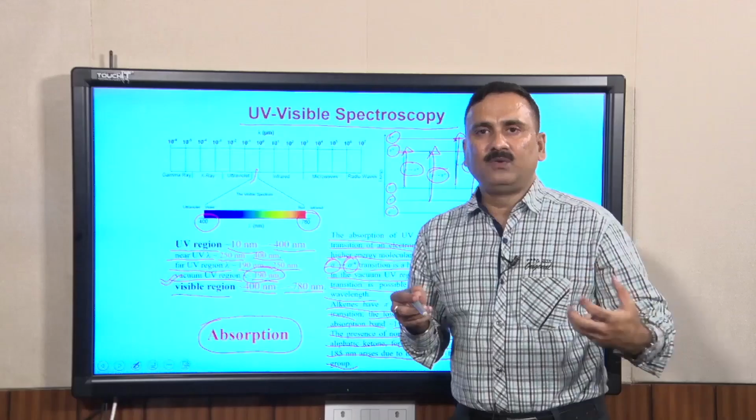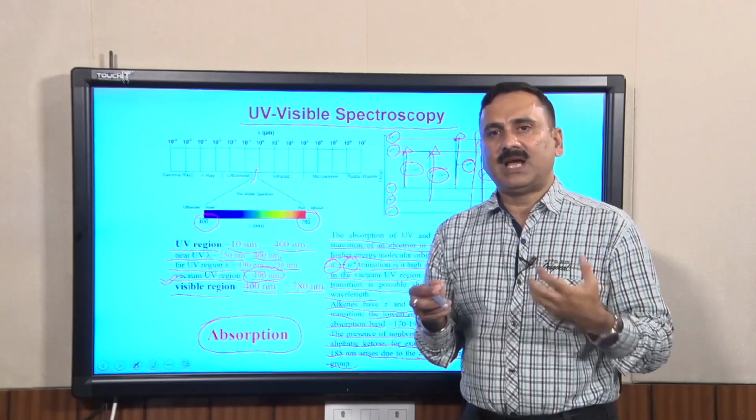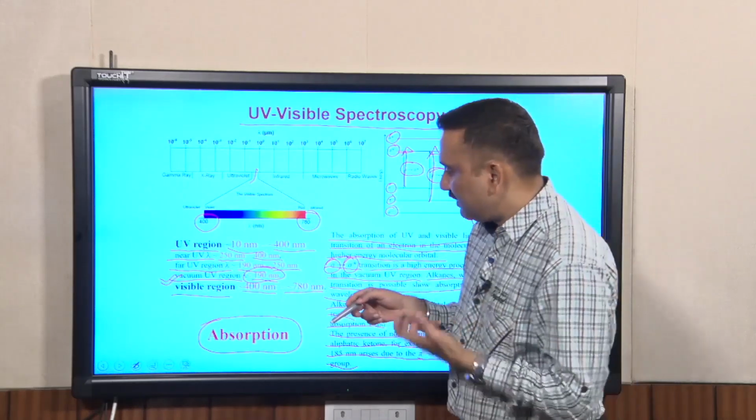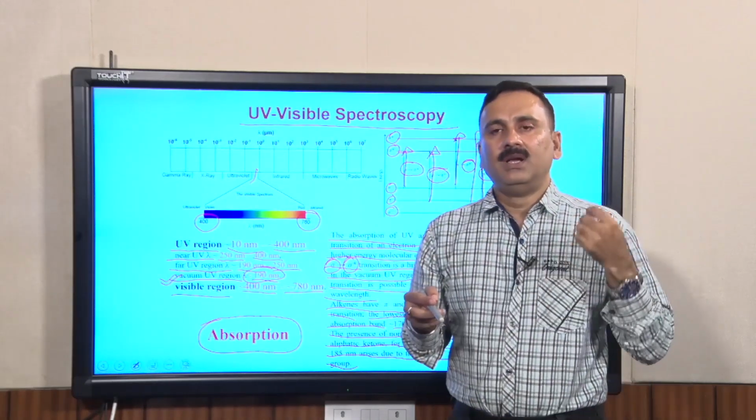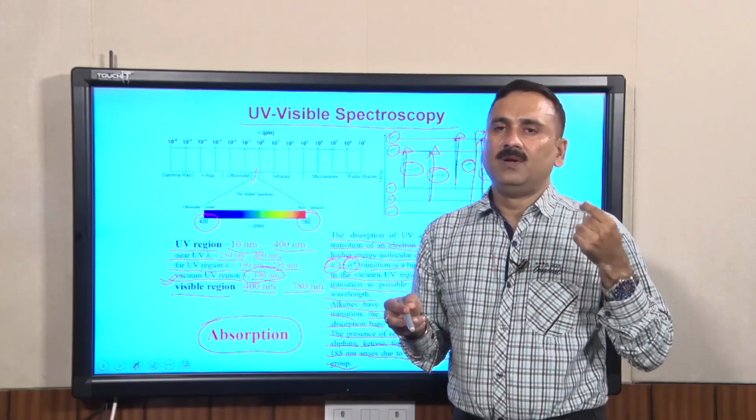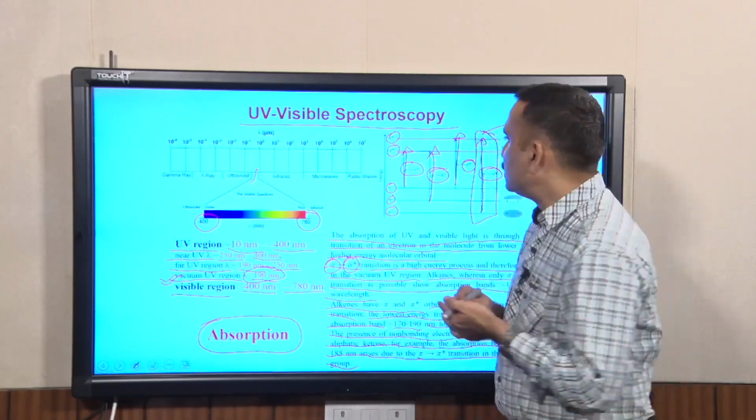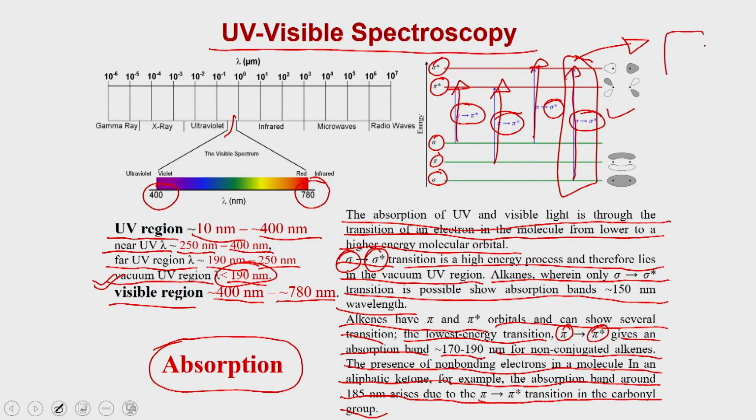So, if you have to make a device which can map the absorption phenomena, you need a couple of components. What you need is a light source, and something where you can keep your sample, so a sample holder.